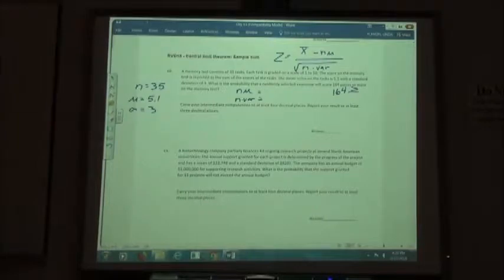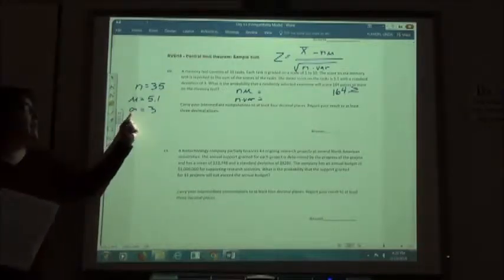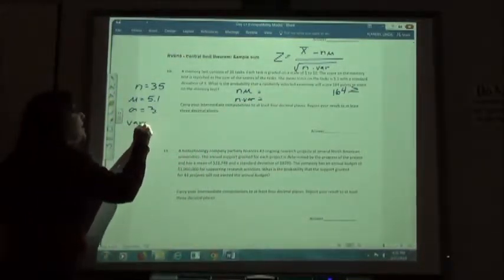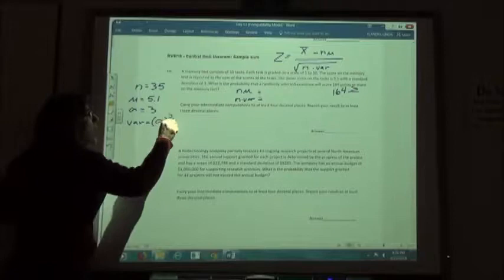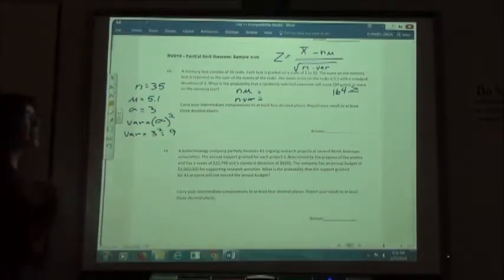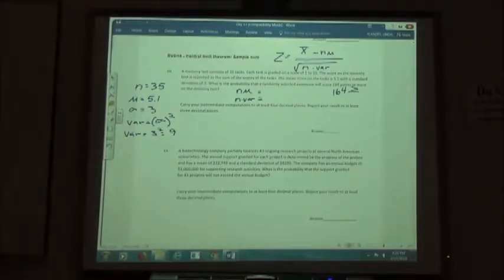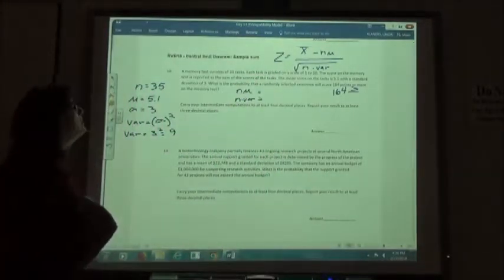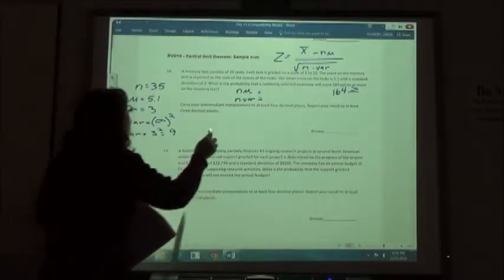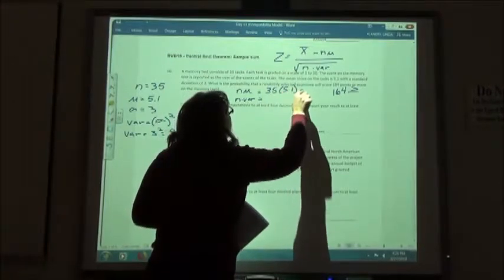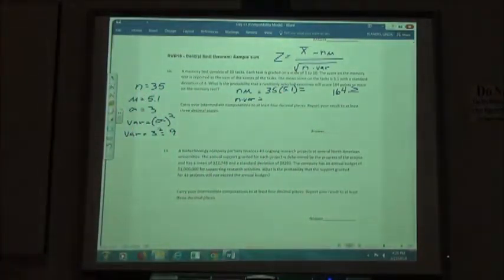First thing we need to know: if they give me the standard deviation instead of the variance, the variance is equal to the standard deviation squared. So my variance is going to be 3 squared, which is 9. Then finding these two values to plug into my formula, n times my mean would be 35 times my 5.1. I'm going to let you go ahead and find that for me.